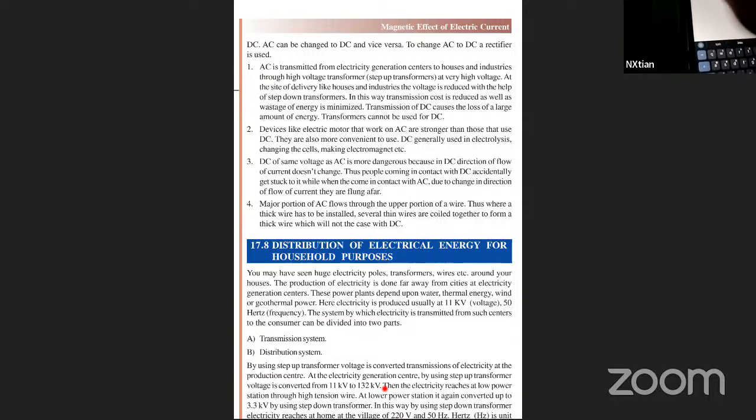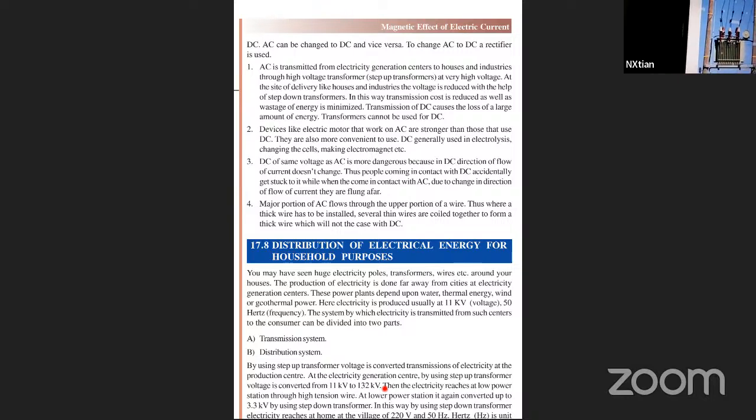In near to your house, this type of transformer is there. It is similar to that. Yeah, this is near to your house. This type of picture, it might be in your colony, it might be near to your house.